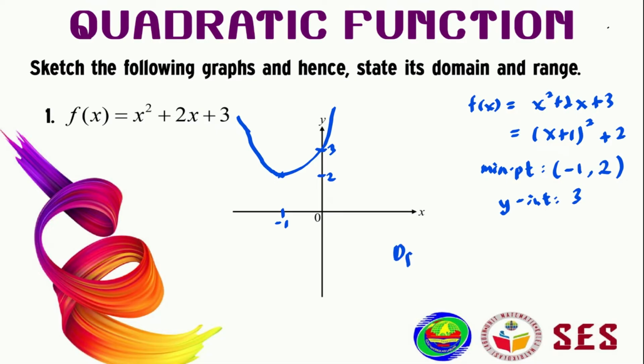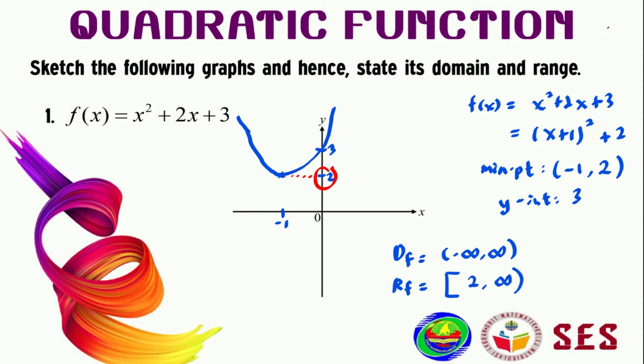The domain for this function is negative infinity up to positive infinity, since the graph is valid for any values of x. For the range, we look at the minimum point, where the graph started from 2 here. This is the first interval of y where the graph is valid, so our range is from positive 2 up to positive infinity.